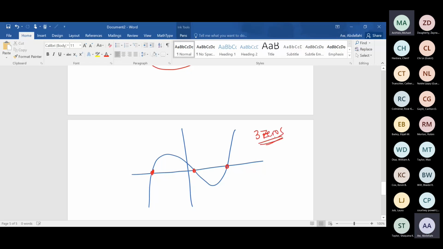What can we say about the degree of this polynomial? I don't know what the degree is, right? What can we say about it? Is it bigger than 3, less than 3, or equal to 3? Equal to 3. Are we sure it is equal to 3?